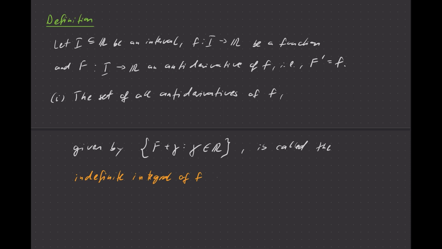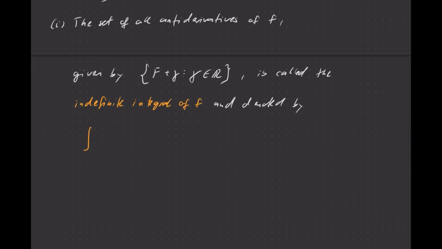And what is more important is that indefinite integral is denoted by the notation integral of f of x dx. So we just leave out the boundaries a and b, and that is why it's called the indefinite integral. So by that we mean the set of all antiderivatives. And that same notation is also often used to refer to an arbitrary element. So if you just want to use one antiderivative, then usually you also use that notation.